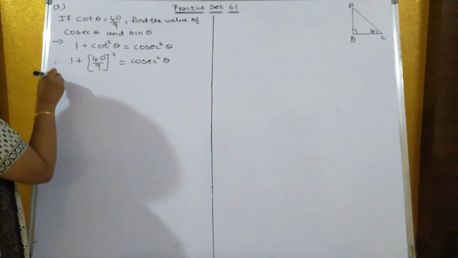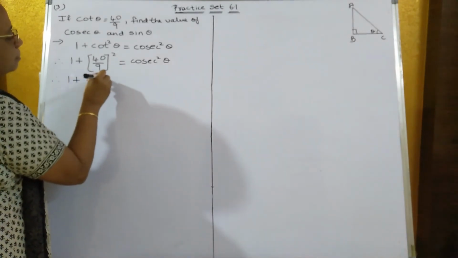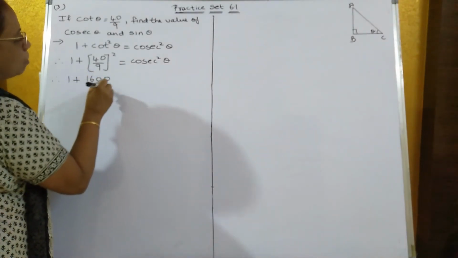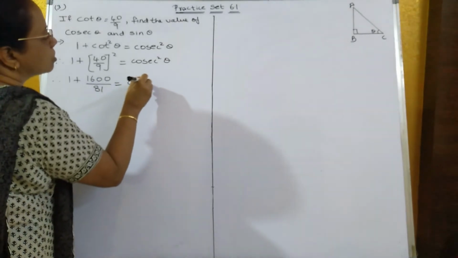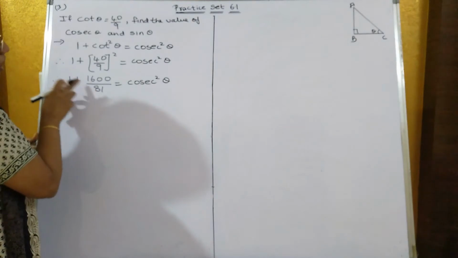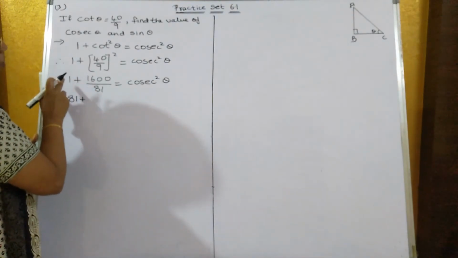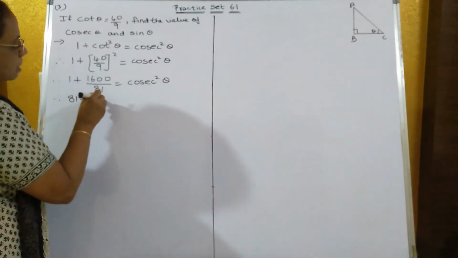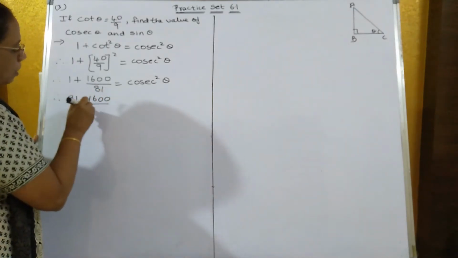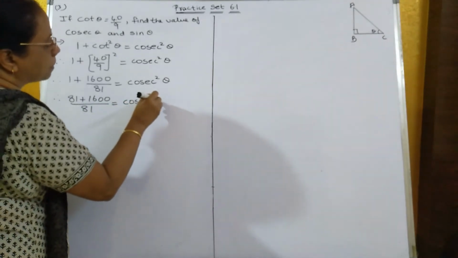Now open the bracket, you will get 1 plus 1600 upon 81 is equal to cosec square theta. Now equalize the denominator. 81 you will multiply over here, so you will get 81 into 1 is what? 81 plus 1600 upon 81 is equal to cosec square theta.